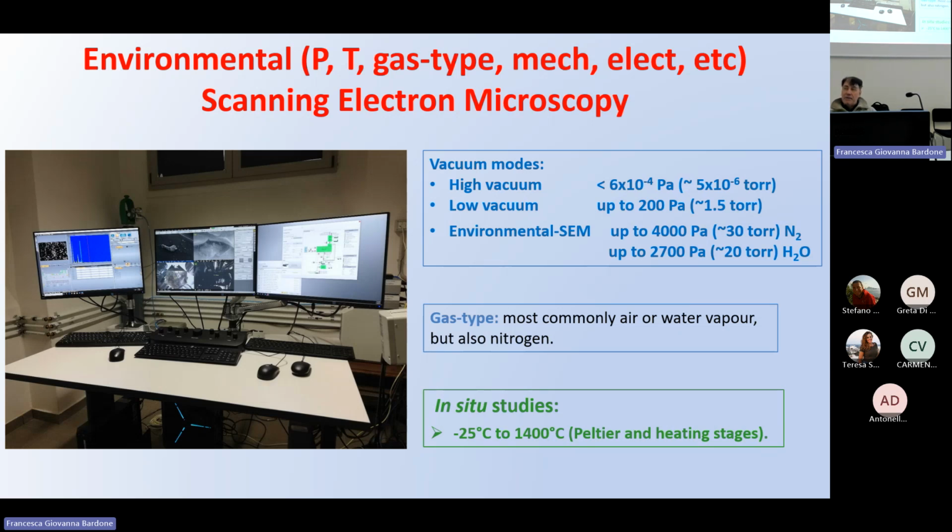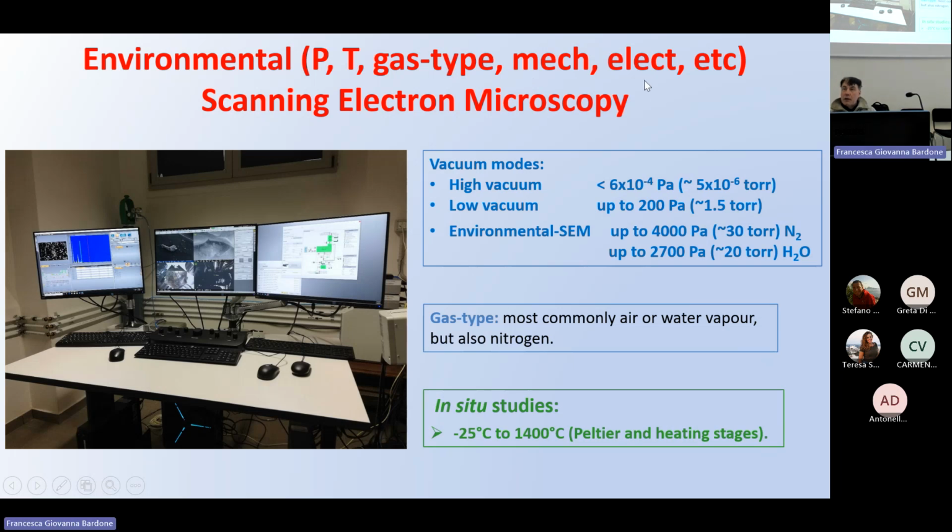We have a tensile and compressive stage. You want to see how your cell or your tissue behaves after applying a mechanical tension. You can apply a mechanical tension or a compression and see how your tissue behaves using this mechanical part.